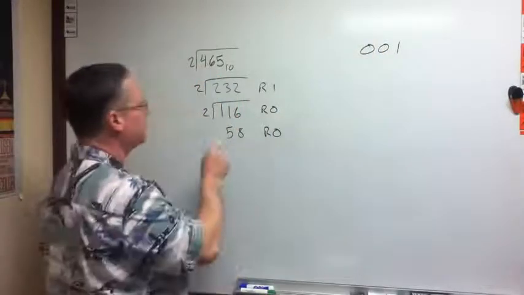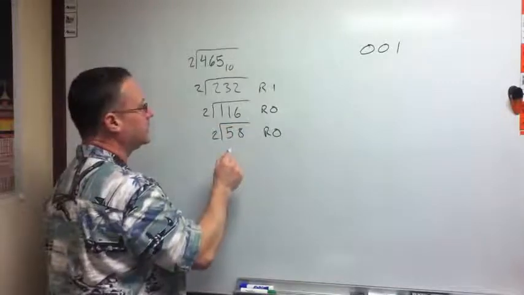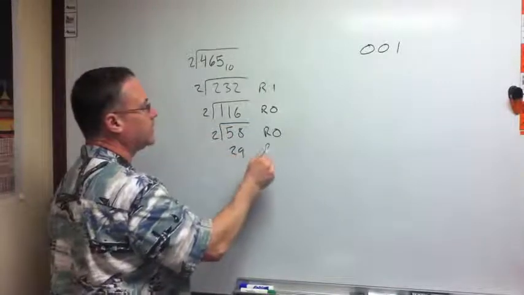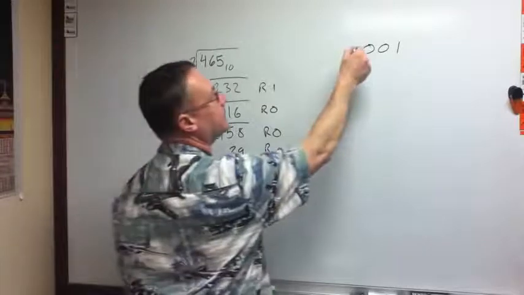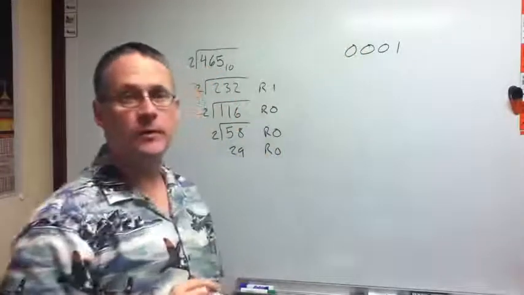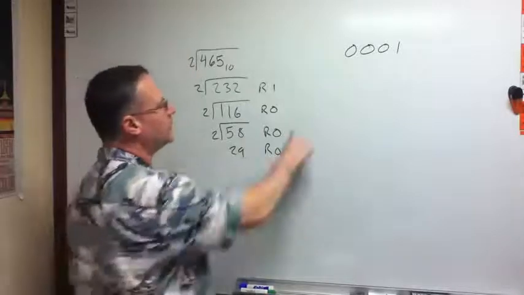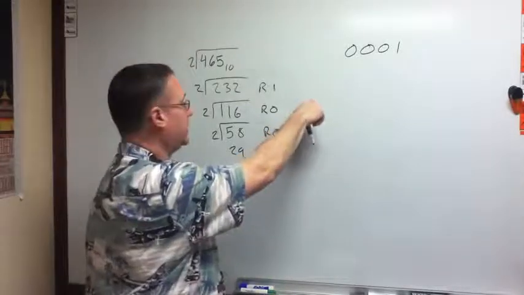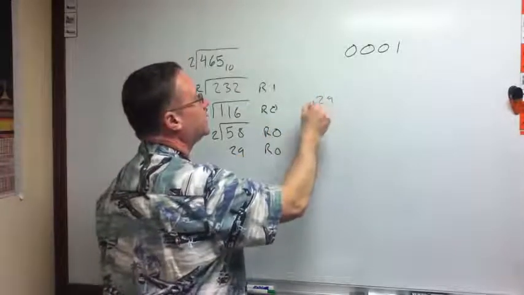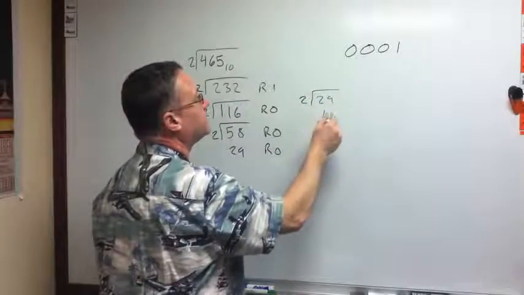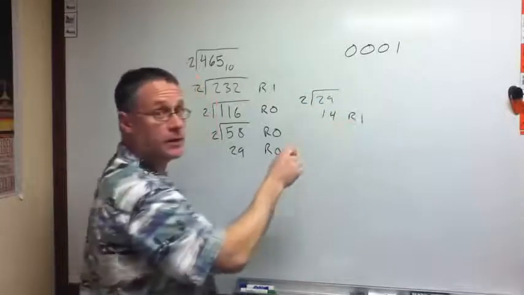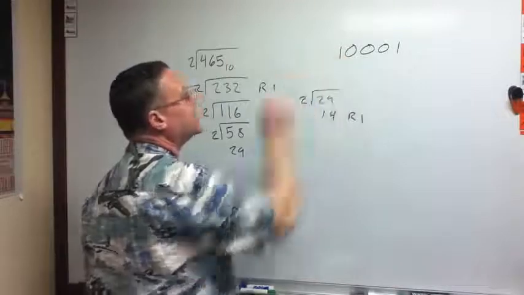Dividing this by 2 gives me 29 remainder 0. So I have yet another 0 in my binary number that I'm forming. I'm going to move up over here so that we can stay on camera. 29 divided by 2 is 14 remainder 1. And so I have a 1 there.